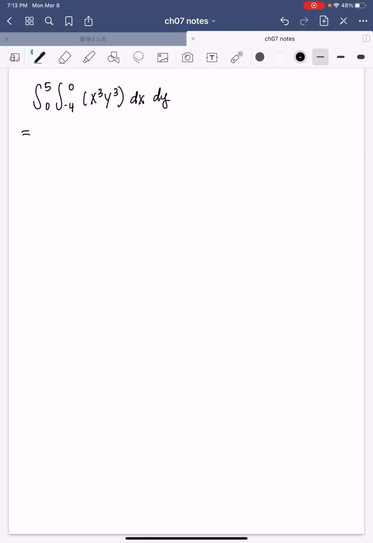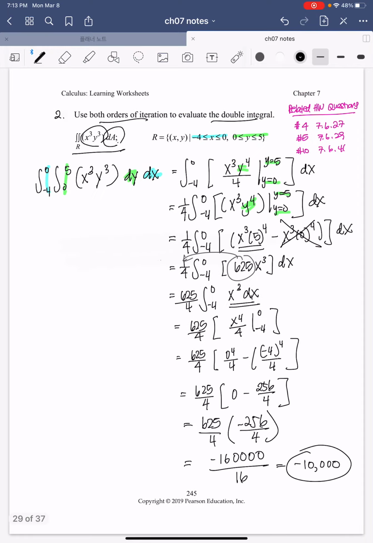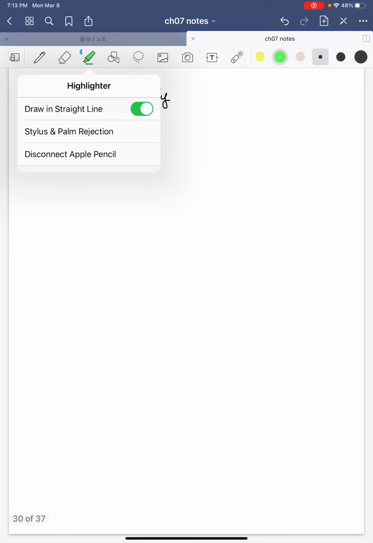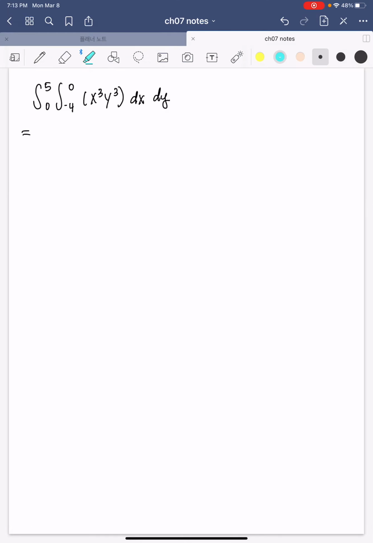Let's use colors again. For x, I use the blue highlighter, so blue for the x, and then green for the y's. I'm going to integrate with respect to x first. That means the y term is constant.